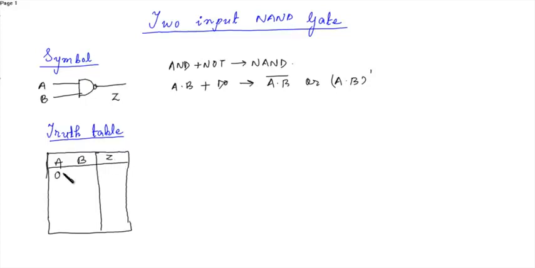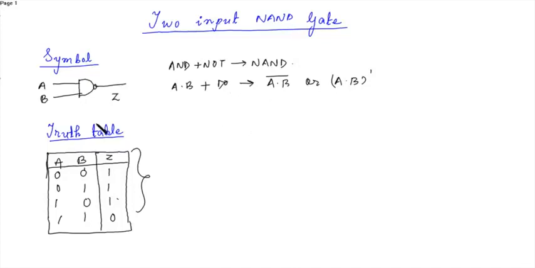Input 0 0, output is 1. Input 0 1, output is 1. 1 0, output is 1. And 1 1, output is 0. Now how you obtain this you will see later on.